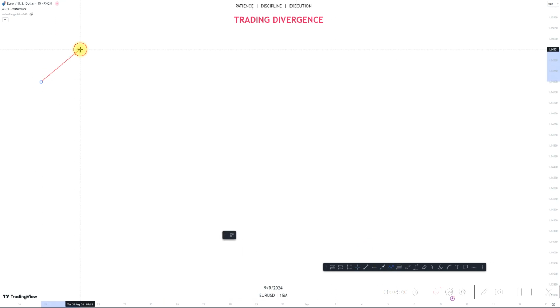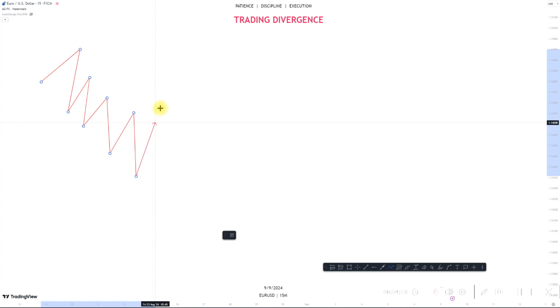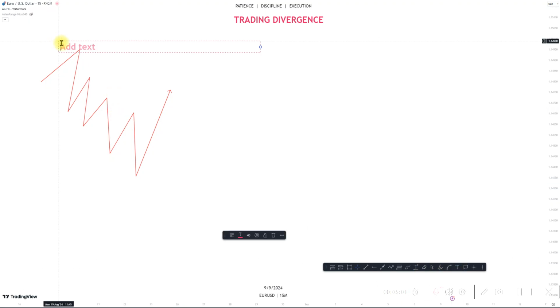So this is a typical selling chart. This market is moving in a downtrend, as you can see. But at a point, we had a change. Let's say this is for Euro USD. So this is the Euro USD chart.